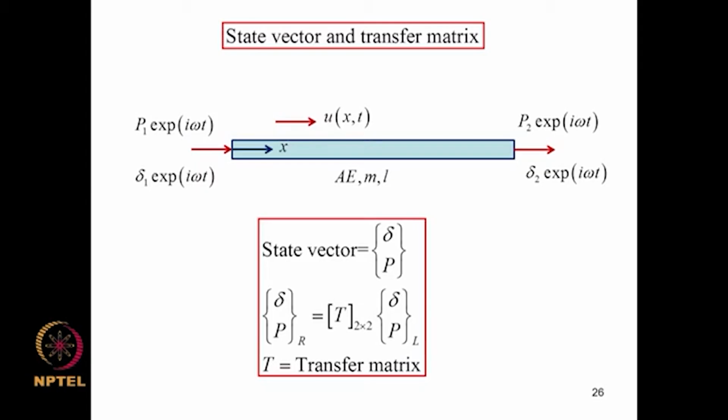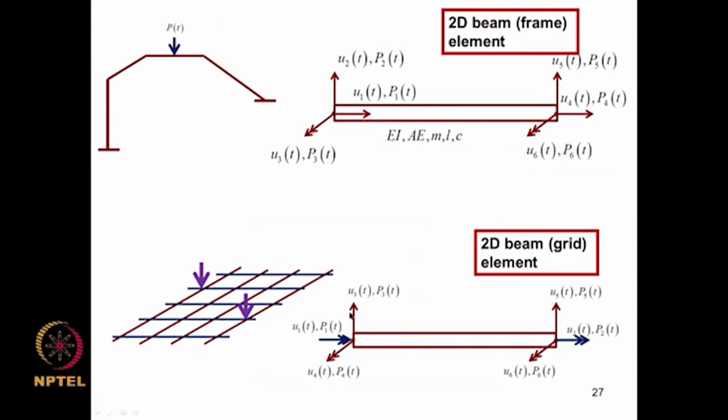To do that we introduced, for example, in an axially vibrating rod, a state vector comprising displacement and axial force, and how the amplitudes of force and displacement at this node are related to the amplitudes of force and displacement at the other node. So, this is the so called transfer matrix. This can also be derived for an axially vibrating bar as well as a beam and other more general problems.